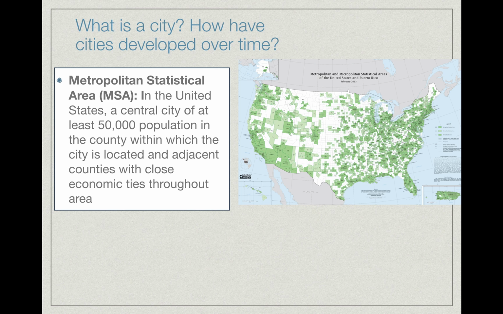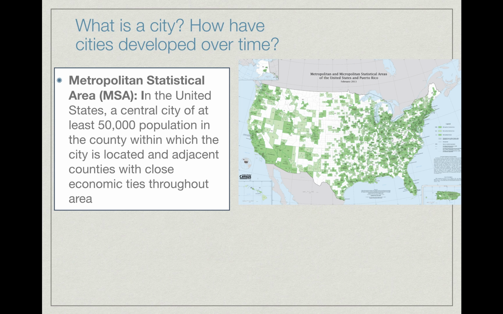This is used by the U.S. Census, and what it means is in the U.S., this is defined as a central city of at least 50,000 people in a county in which the city is located in the adjacent counties with economic ties throughout the area. Whoa. Okay. Bottom line, an MSA is going to be an area of at least 50,000 people who are all economically tied to one another based around one general city.